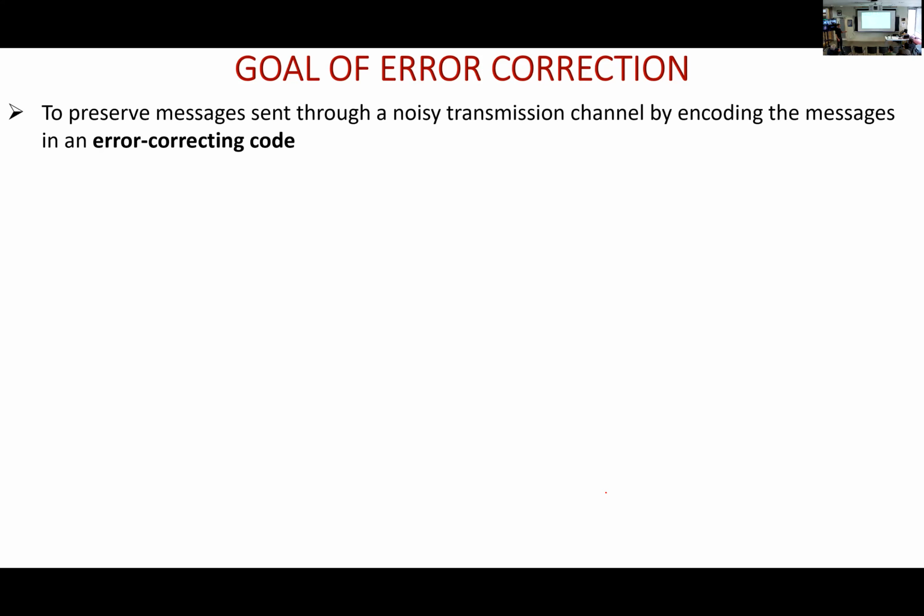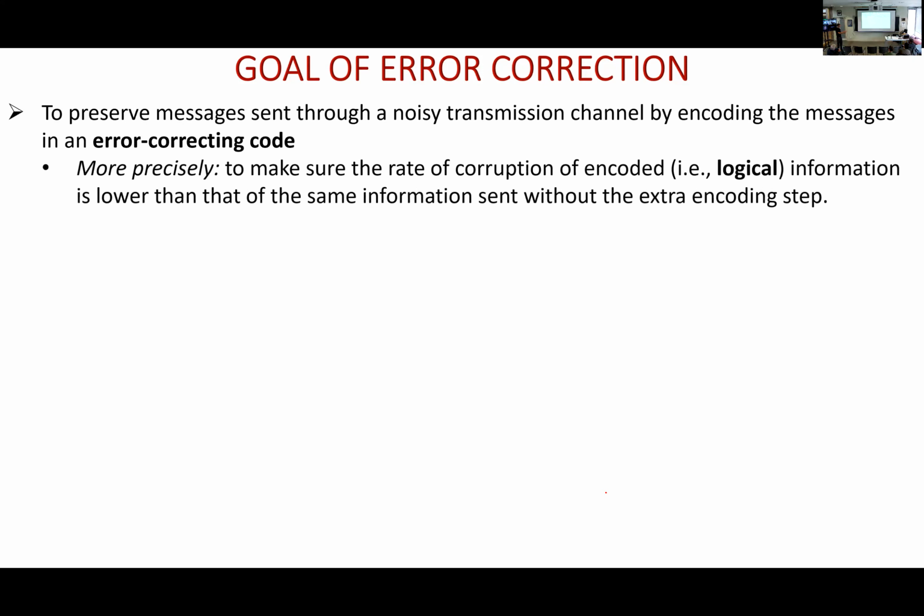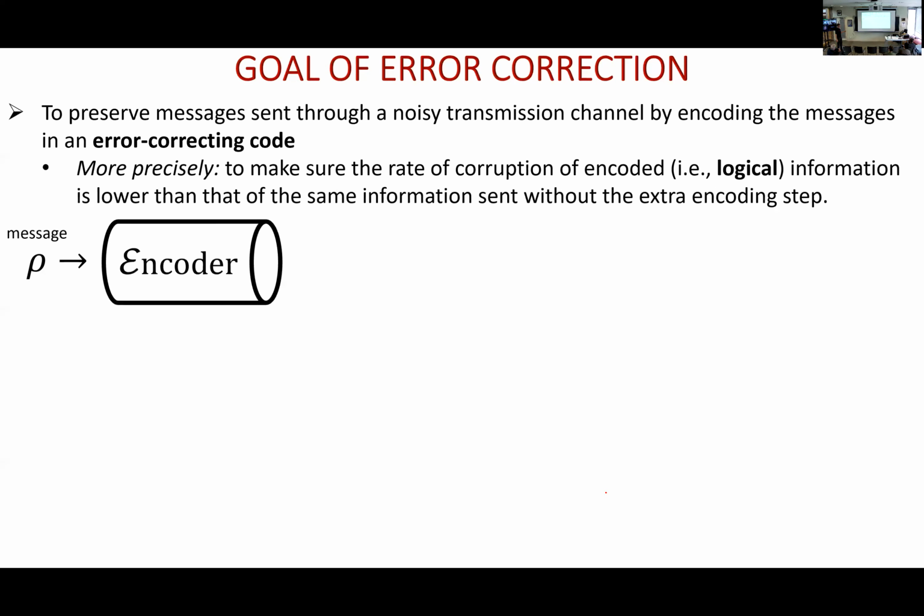The noisy transmission channel can be time or space. The whole sketch of this very general theory started by Shannon goes as follows. You have a message, you encode it using some map called an encoder. You send it through your channel, which will impart some noise that you're not able to control. The channel can be just stationary in space and you're just storing in time, or it can be traveling in time like in an optical fiber.